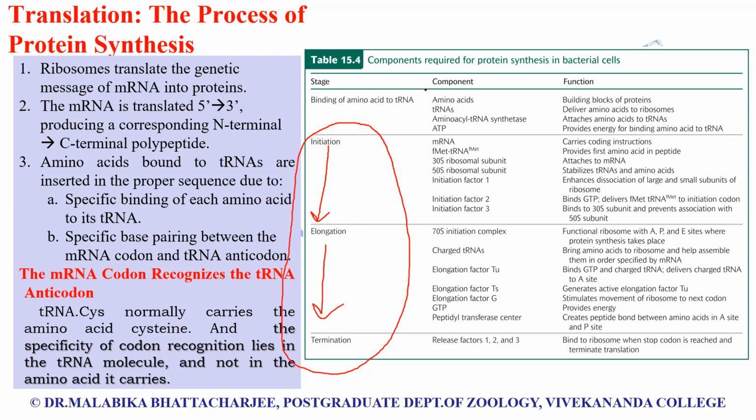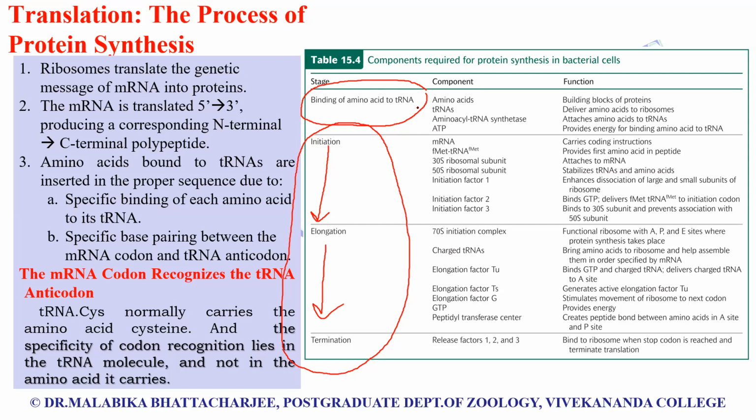As you can see, one important thing to be done is the binding of the amino acid to the tRNA. If you remember, when we talked about Wobble hypothesis, I had shown you that there is a tRNA which via its anticodon recognizes the codon on the mRNA.